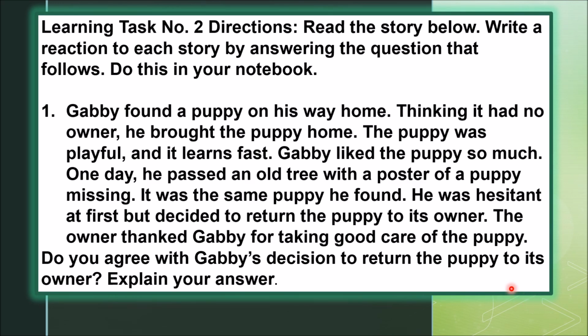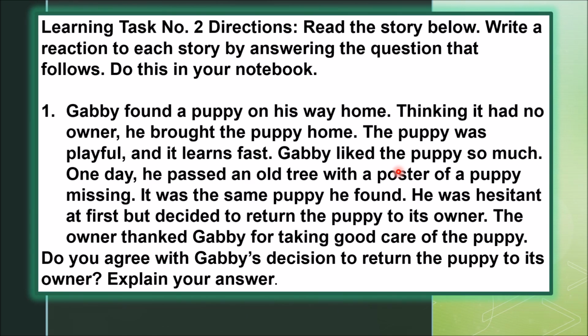So again, si Gabby ay found ng puppy. Ibig sabihin, siya ay nakita ng puppy, pauwi na siya. Inisip niya, wala yung owner. Kaya, dinala niya sa bahay nila. Yung puppy is very playful, madaling, in other words, matalino. So, napagusto na si Gabby for that puppy.